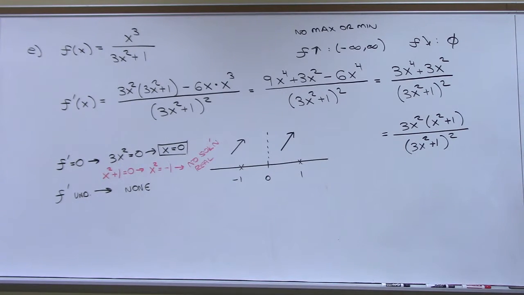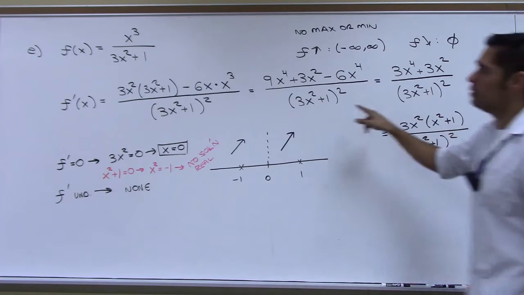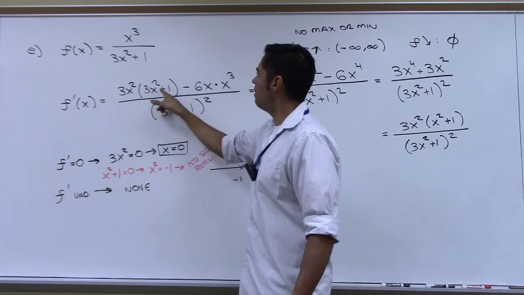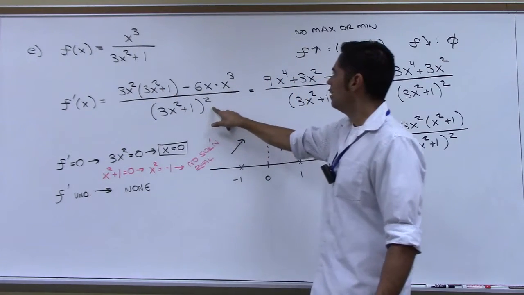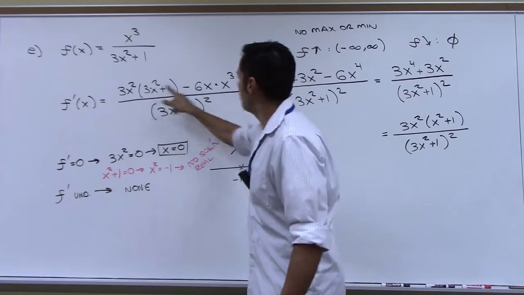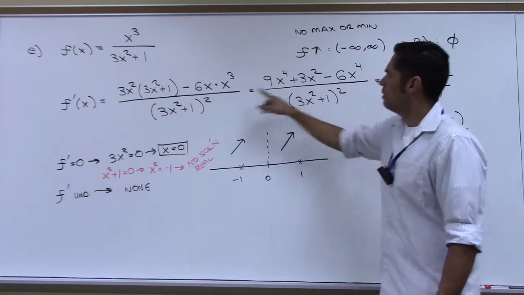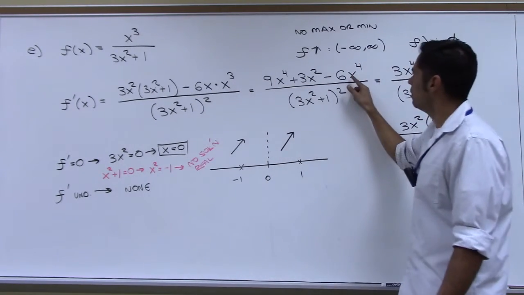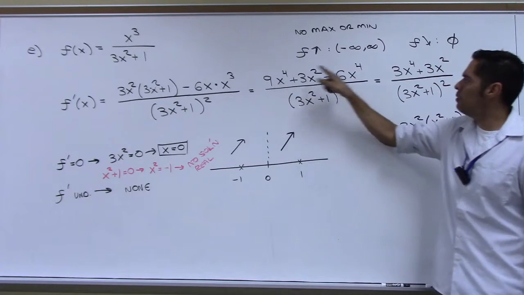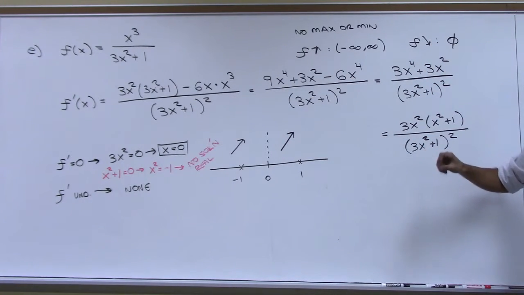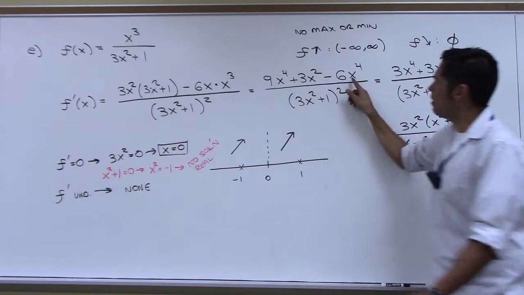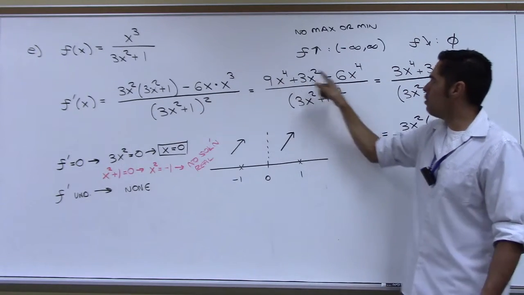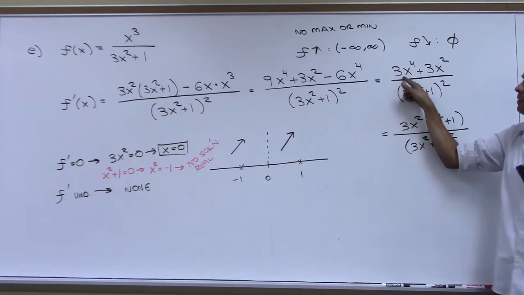Questions on the derivative, questions on the simplification. Quotient rule, derivative of the top times the bottom minus derivative of the bottom times the top over the bottom squared. Distributing 3x squared through here. 6x times x cubed here. Combining, 9x to the 4th minus 6x to the 4th is 3x to the 4th.